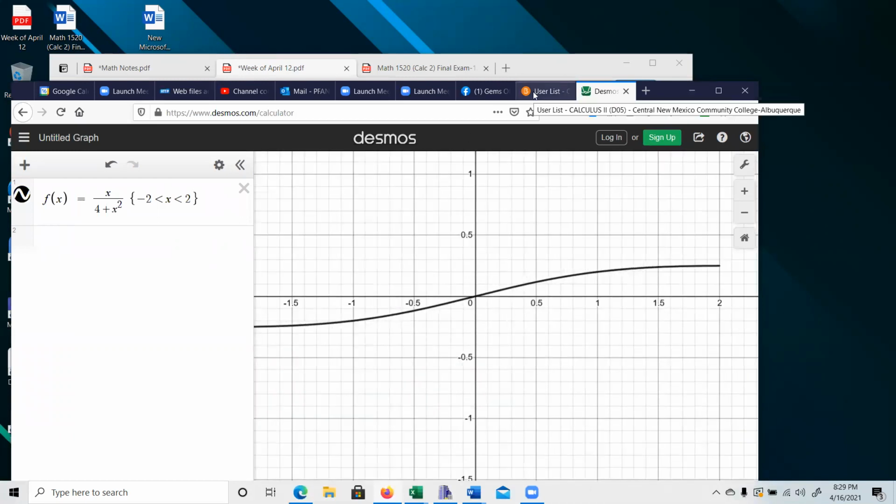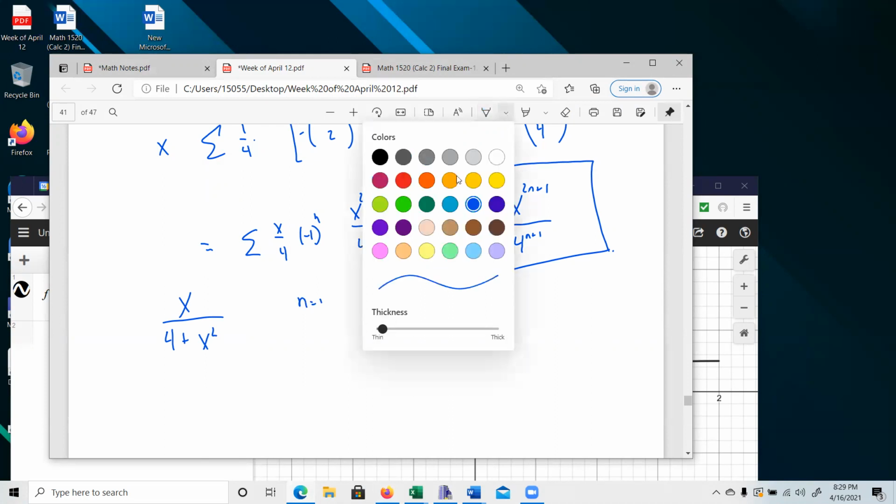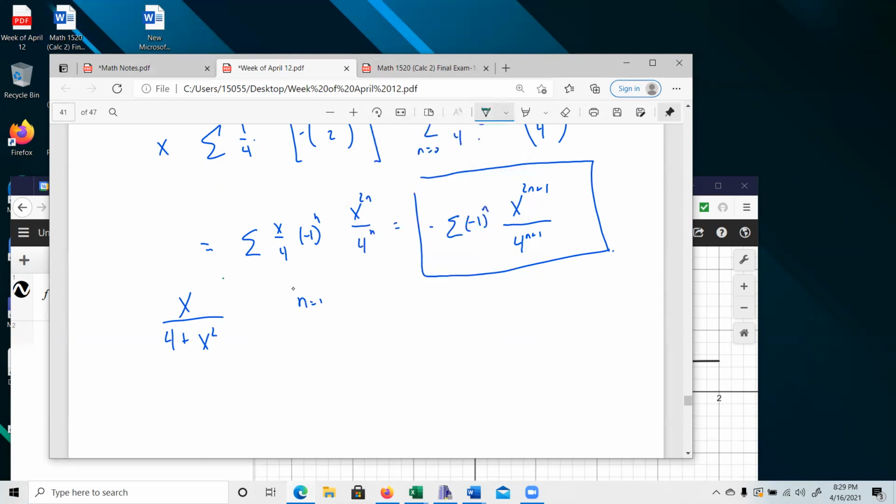And let's compare it to what our series looks like. All right, so here's our series solution. Let's take a look. If n is equal to 0, we just get x over 4.